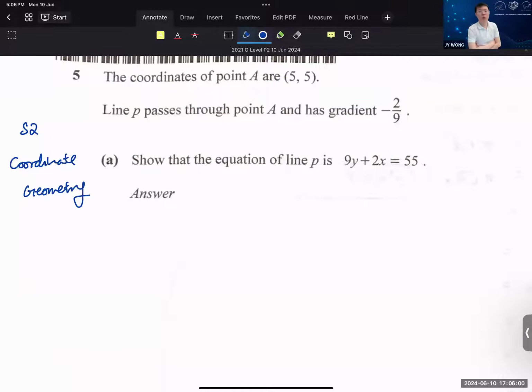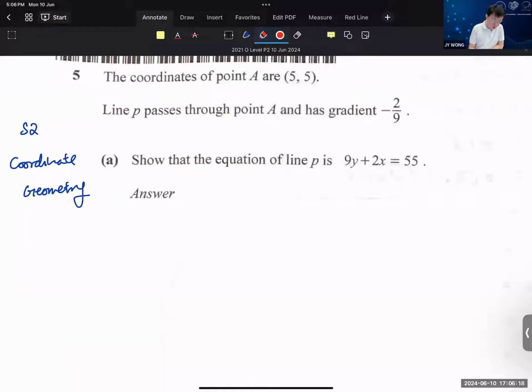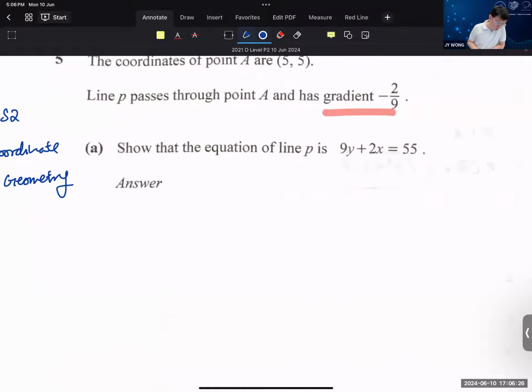Once you have the gradient, you can let y equals mx plus c, because that's the general equation of any straight line, and then sub in 1 point to find your y-intercept. In this case, you are only given 1 point, which is why they have to give you the gradient. So the alternative, instead of giving you 2 points, is to give you 1 point plus 1 gradient. All right, that is exactly what is given in this question.